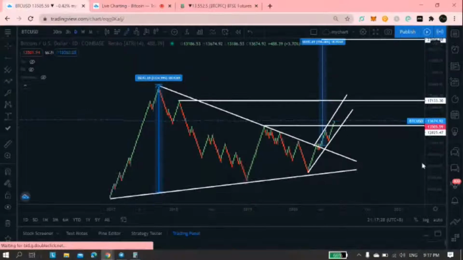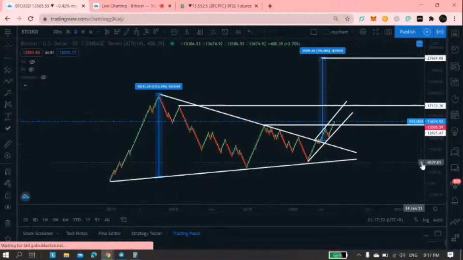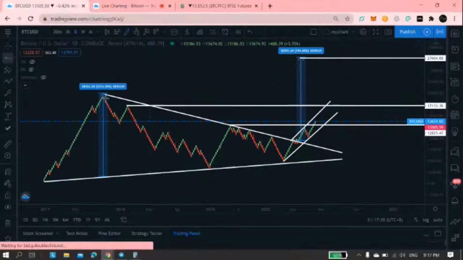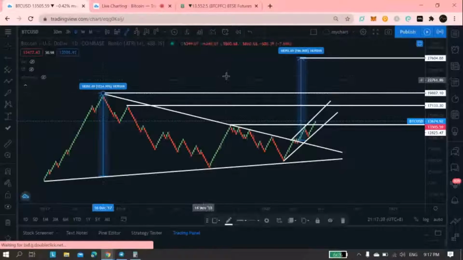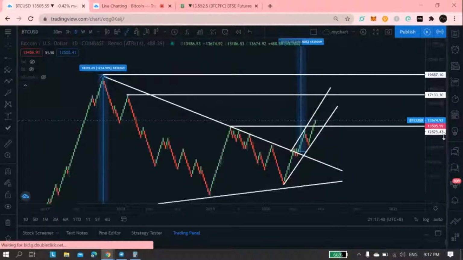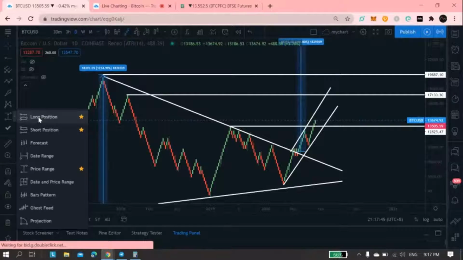So most of my trades are actually long because of this. Let me show you, or let's measure the risk reward.